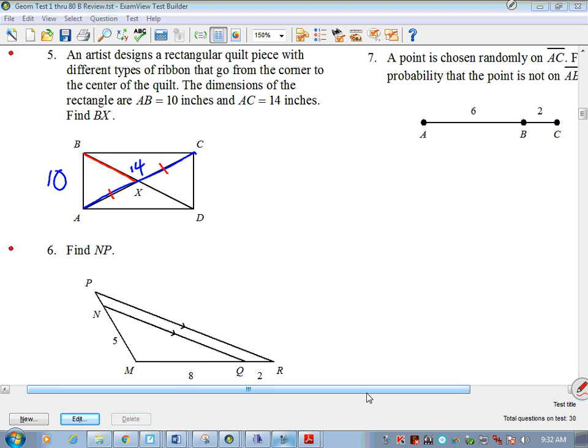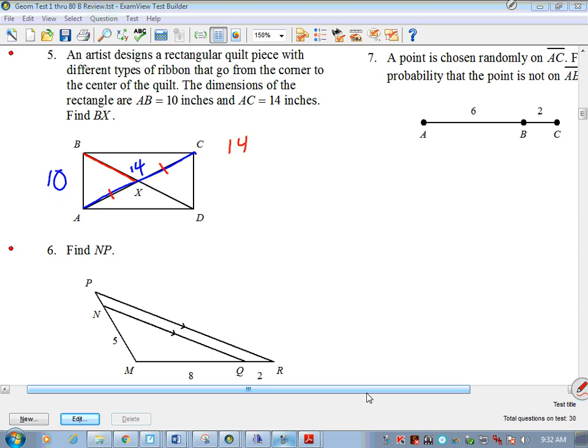All right, let's take this for a second. If in a parallelogram diagonals bisect, what is AX if AC is 14? What is AX, the distance from A to X? 7, okay?